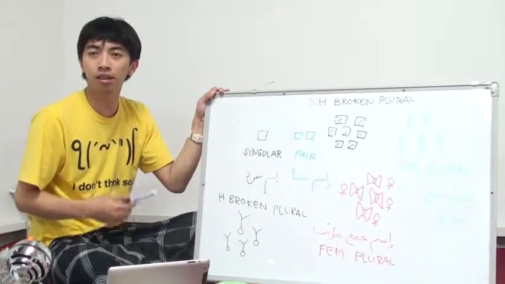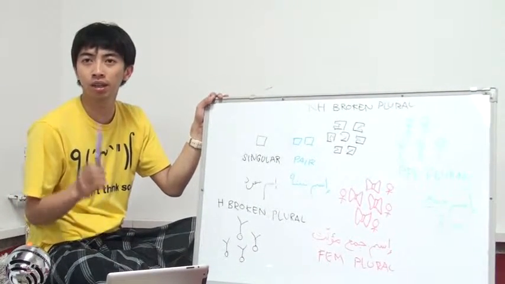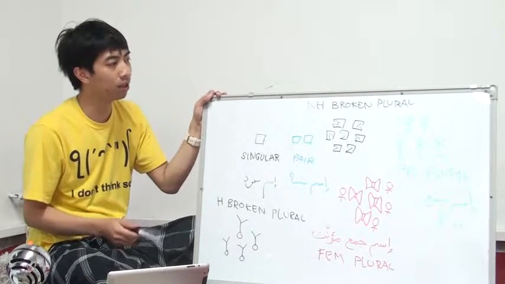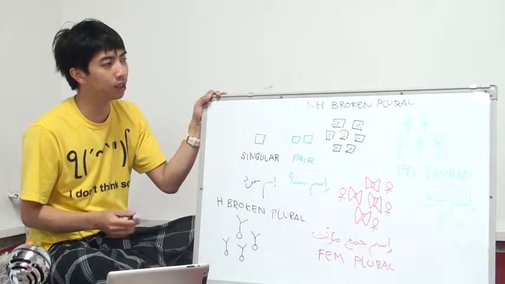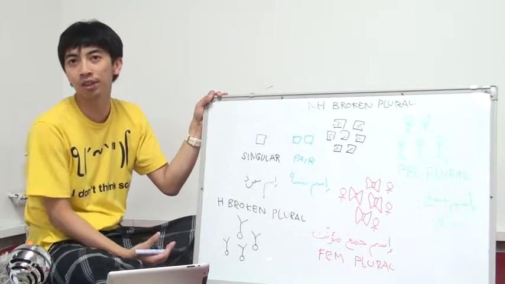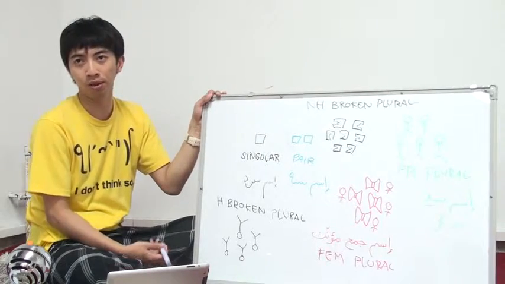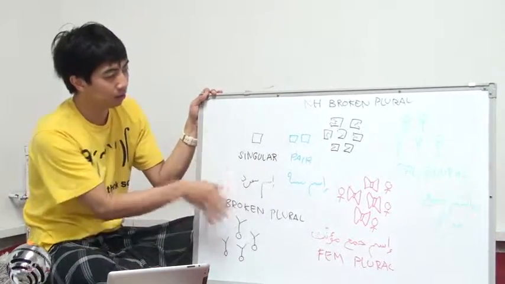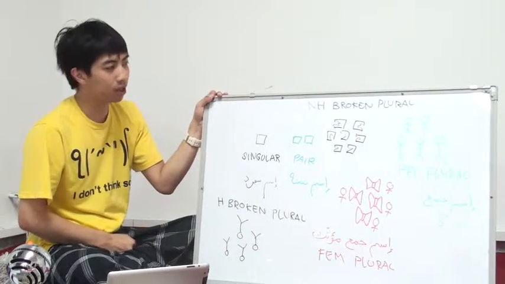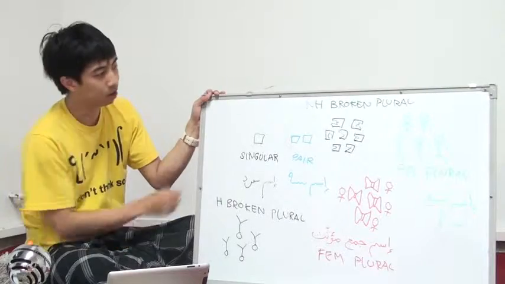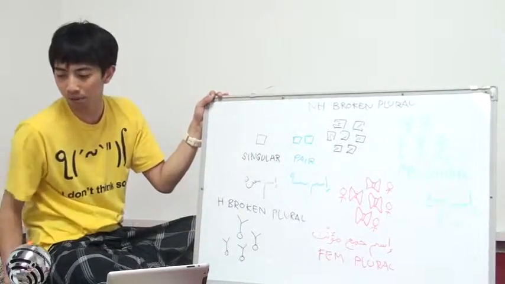Then in this case we need the dictionary. This is exactly where the vocabulary plays the main role, helping us distinguish whether those isms are broken plural, singular, or whether it's a non-human or human broken plural.